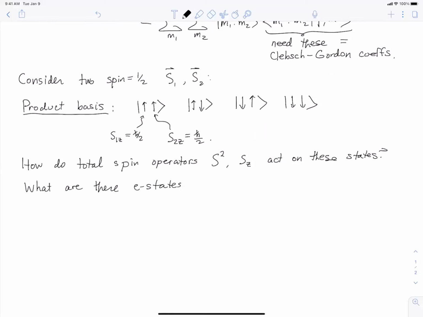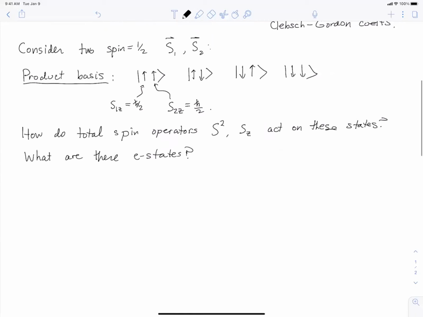And that will be the answer to the question of addition of angular momentum. Okay, so it's a good idea to start with S sub z first, because we notice, and this is actually a general feature, that the eigenstates of S1z and S2z are automatically eigenstates of S_z total. So we automatically have the eigenstates of S sub z, because S sub z is just S1z plus S2z.